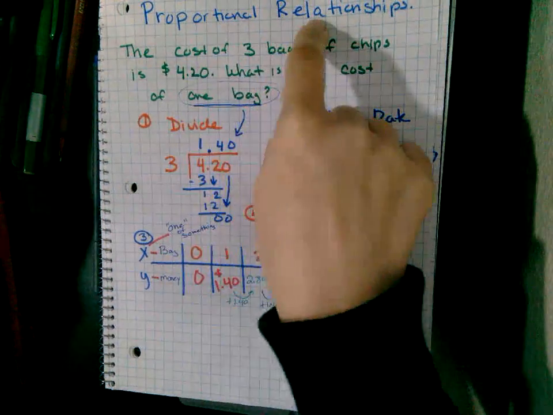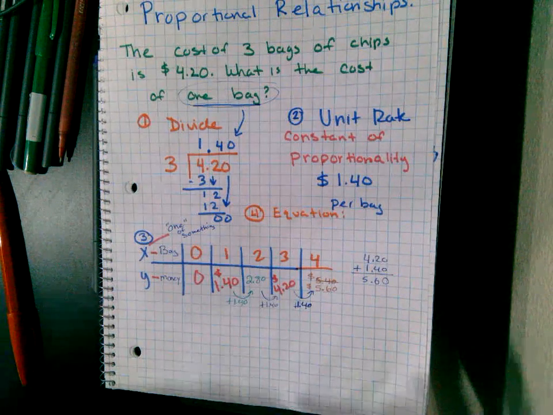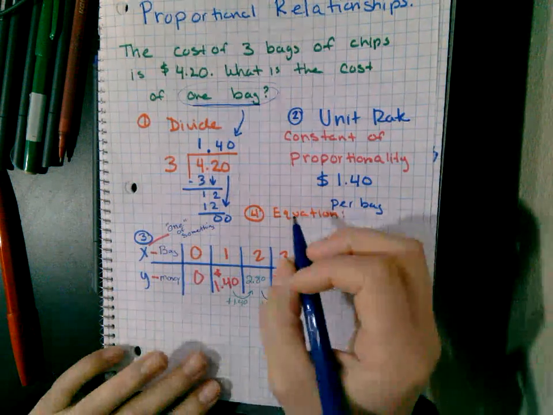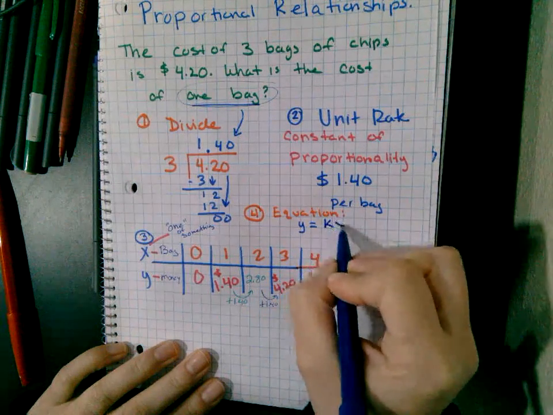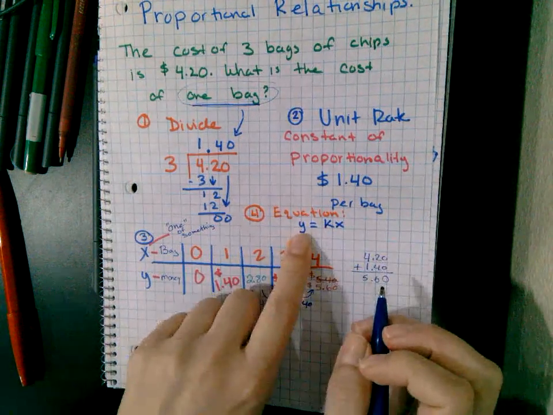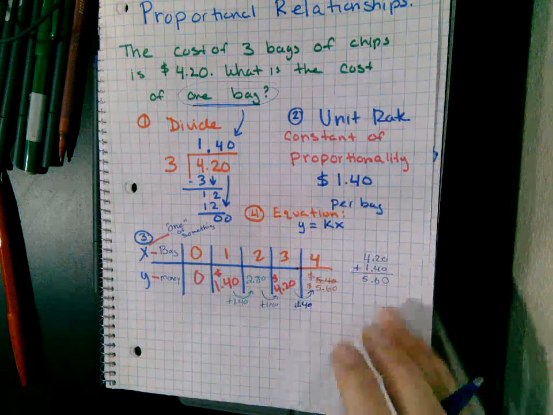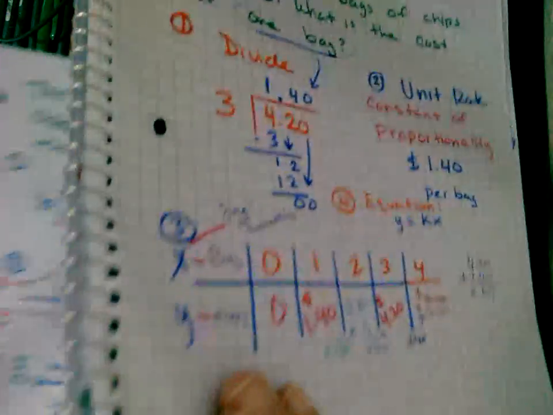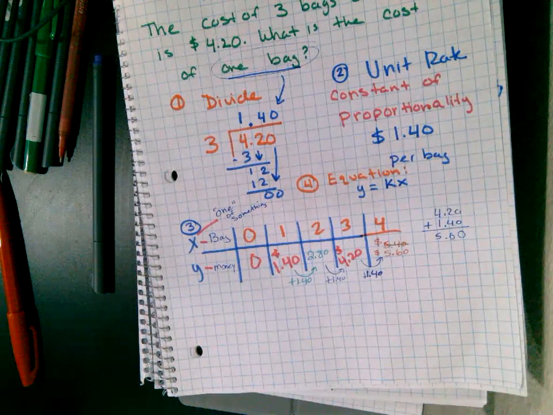Every proportional relationship has an equation. And the equations are always y equals kx. They're always going to start with the y, and they're always going to have a k and an x. Now you might be sitting there going like, what in the world?